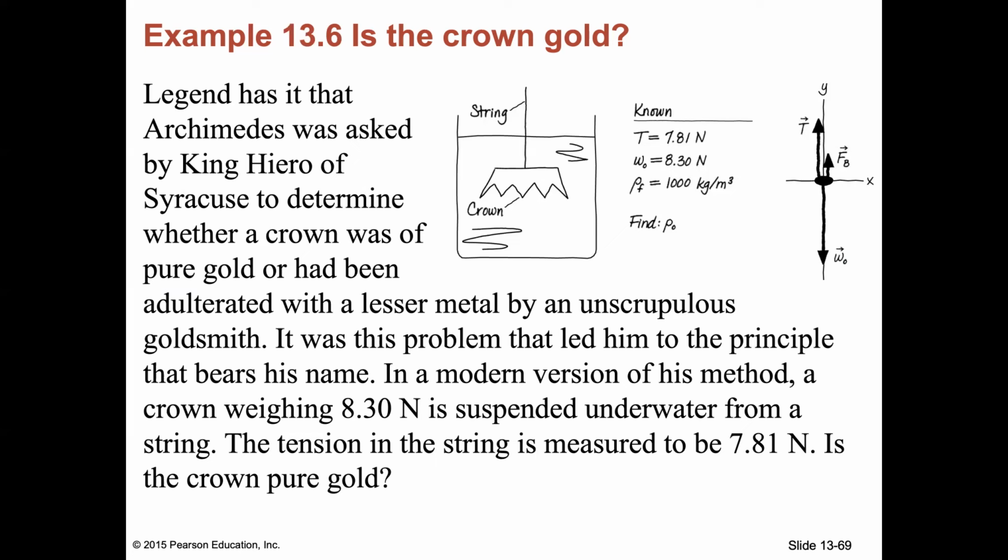So first of all, how to identify whether a crown is pure gold or a mixture of gold and other metal? The key is density, actually, because gold has a very large density compared to other metals.